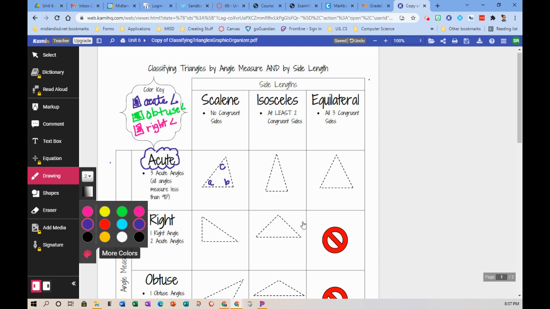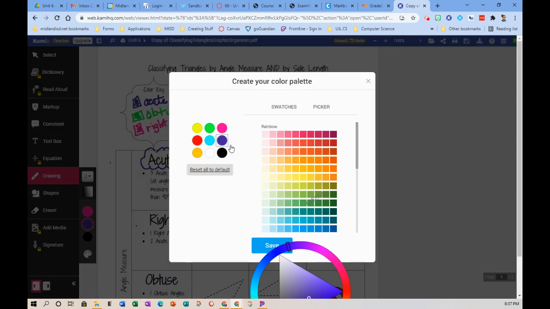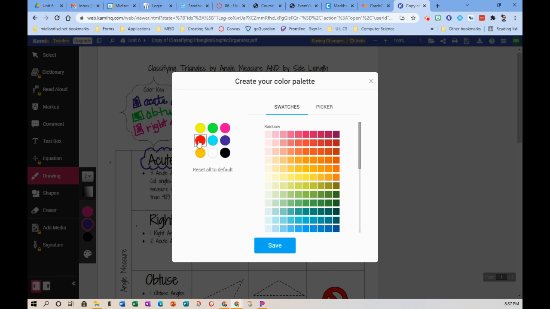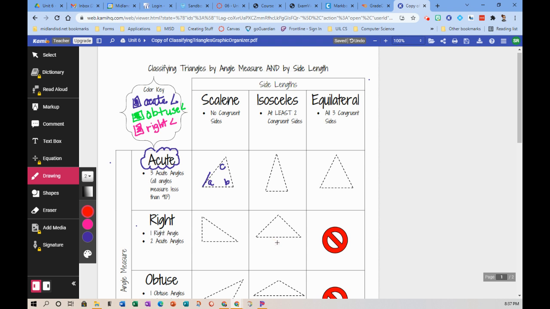So I've got an orange side. Y'all know my drawing skills are not that great.